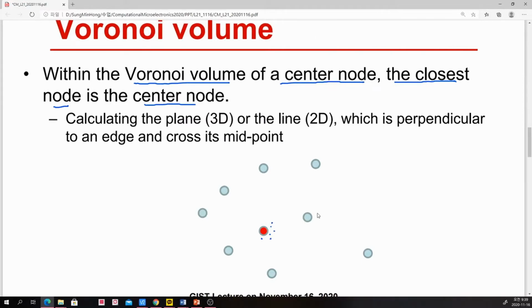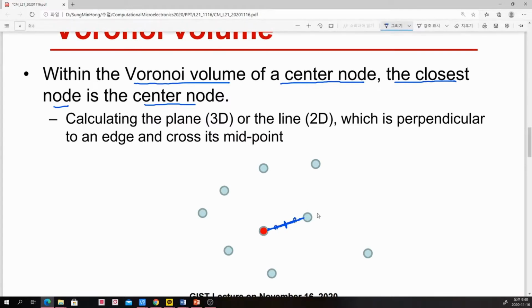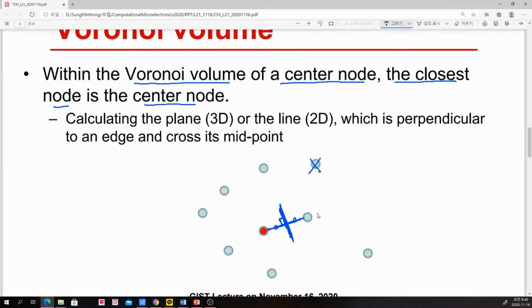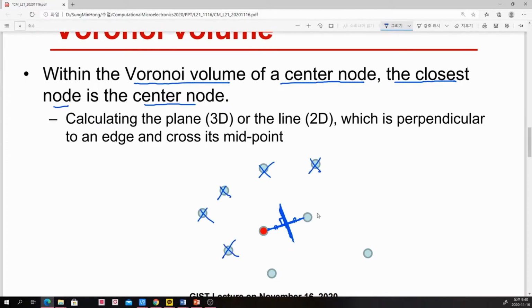So instead of that, first of all, think about an edge and find the midpoint. Calculating the midpoint is quite easy, just taking the half position and drawing a line which is normal to the edge. So here we have an edge point. This is perpendicular. Then it is certain, we can neglect all of these surrounding points and just concentrate on these 2 points.